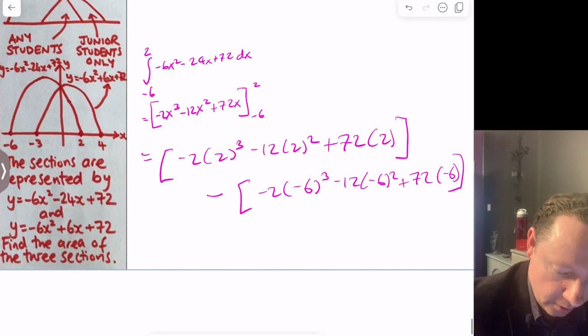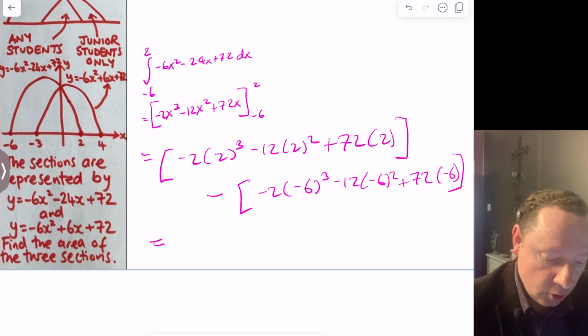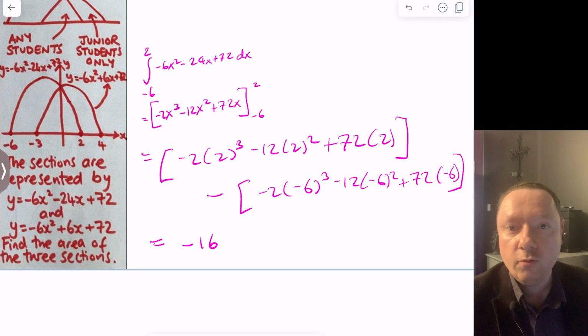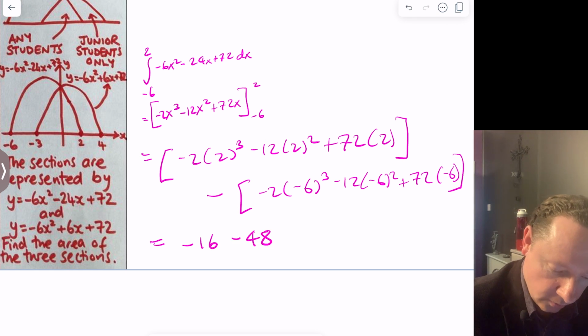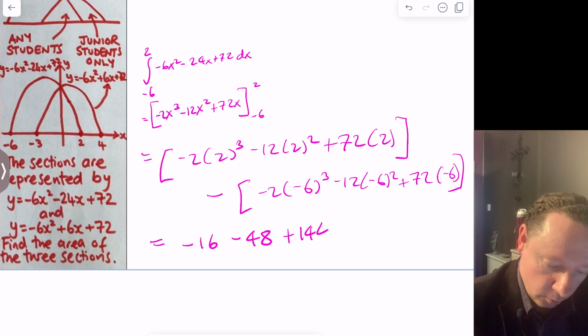And then let's work all that out in a calculator. I'll do a little bit without just to get the numbers right, but make sure you use your calculator whenever you need to. 2 cubed is 8 times 2 is 16, so I've got minus 16. 2 2s is 4, 4 times 12 is 48, so I've got minus 48. And 72 times 2 is 144, so I've got 144 here. Again, use a calculator anytime you want, don't be smart like me. Take away.